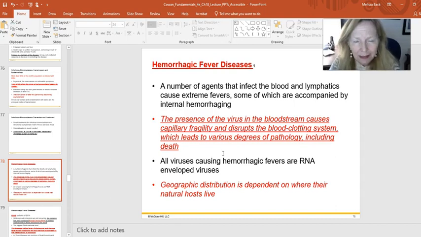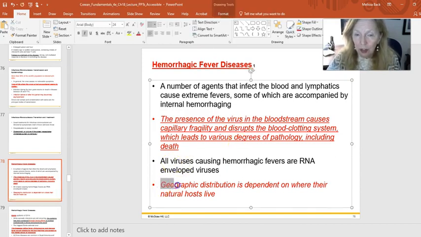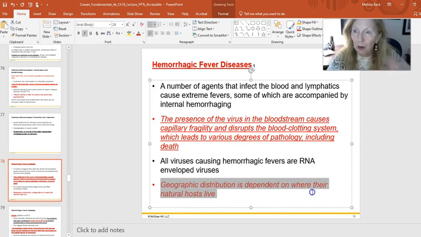Now, the next diseases we talk about, hemorrhagic fevers and non-hemorrhagic fevers as well. But the hemorrhagic fevers are the ones that will cause your blood vessels to loosen for you to start bleeding out. The ones we're thinking about, the geographical distribution is dependent on where the host lives, right?